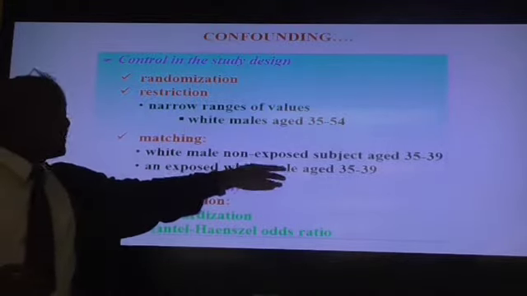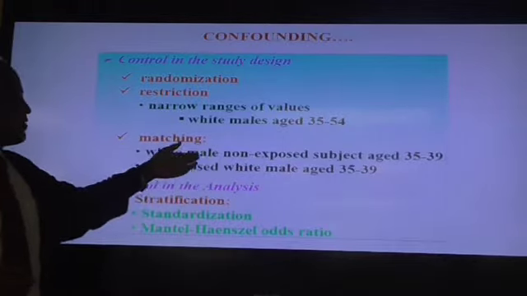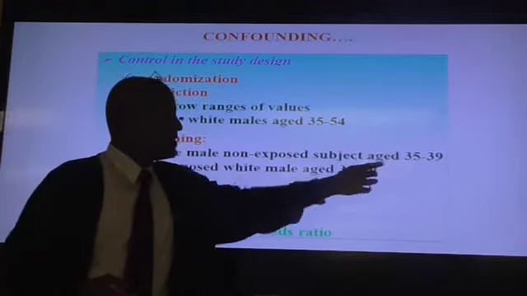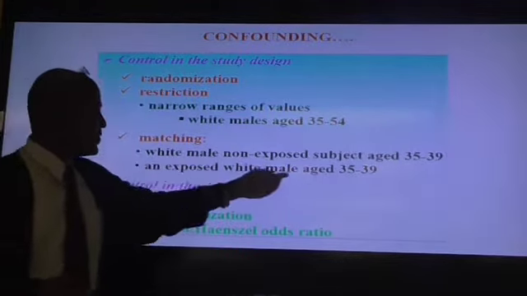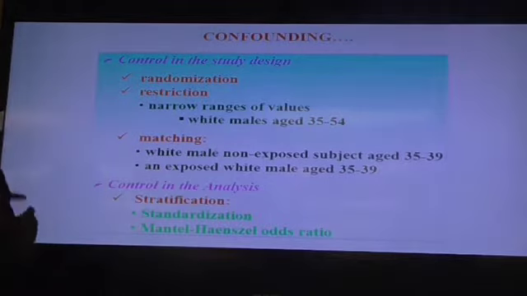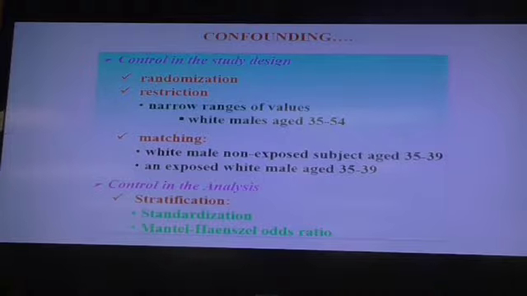Similarly, you have white males in exposed. You also have white males age 35 to 39 in exposed. So you stratify your data based on these factors, so you are not really drawing the data into one 2 by 2 table. You have separate tables for all of these factors.